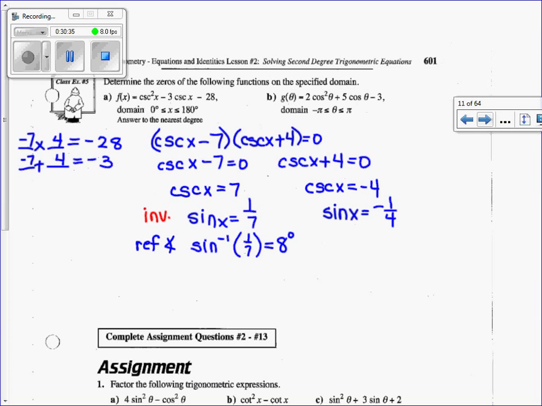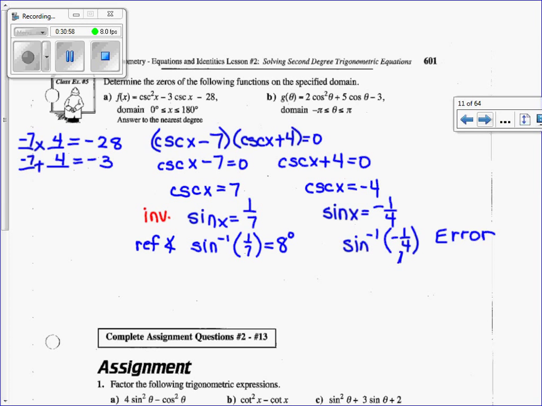If you plug into your calculator here the inverse sine of -1/4, you're going to get an error message. And the reason for that is because sine and cosine and tangent, remember you always use the absolute value.